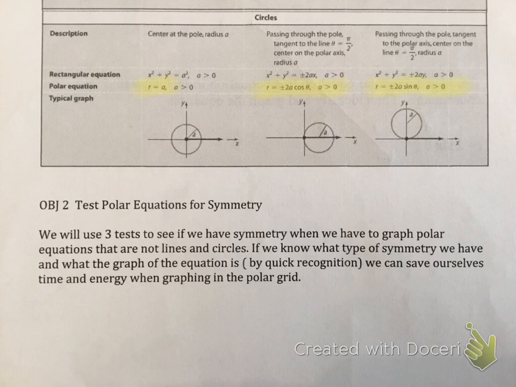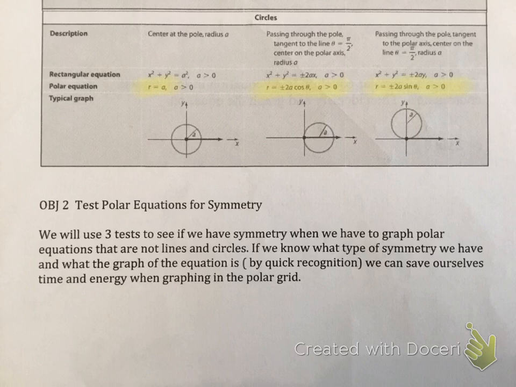I'm going to take the same approach to graphing things in polar coordinates besides lines or circles. But the symmetry tests allow us to quickly determine what the rest of the graph looks like without having to go all the way around the polar coordinate plane. So this will save us some time.